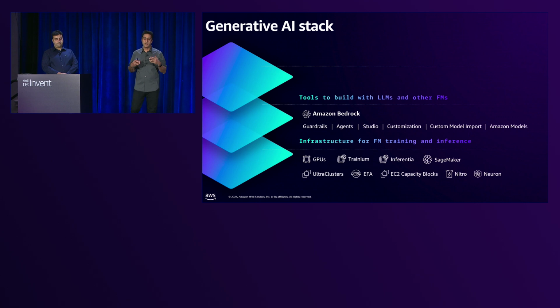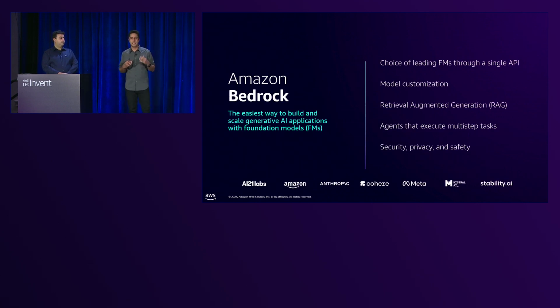Amazon Bedrock gives you access with a single API to leading foundation models. You can see a list of them down below from Amazon, Anthropic, Cohere, Meta, and so on. It allows you to customize your model for different use cases that you have. And also, you can automate different workflows using AI agents to automate different tasks. And of course, security, privacy, and safety is built into the service.